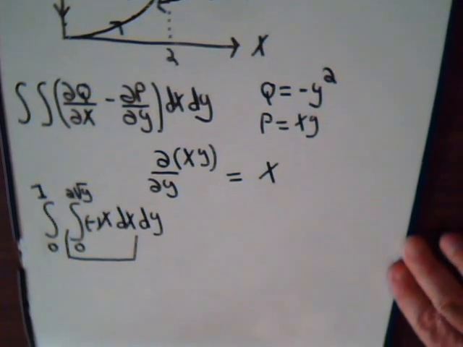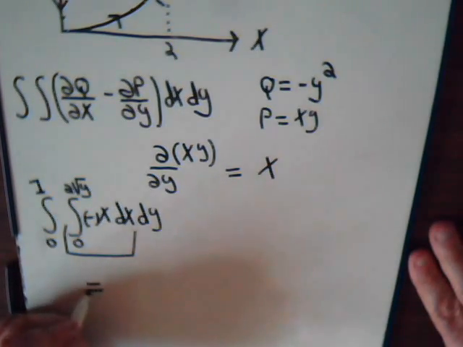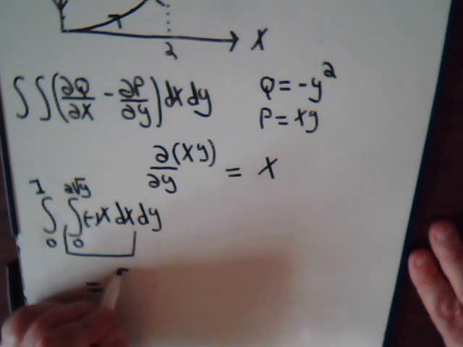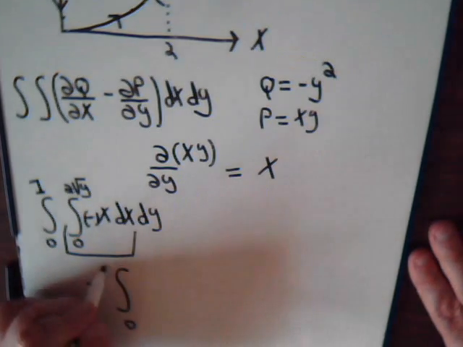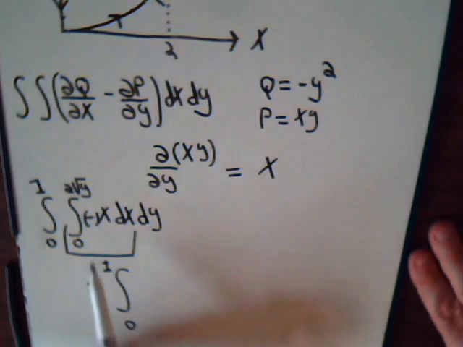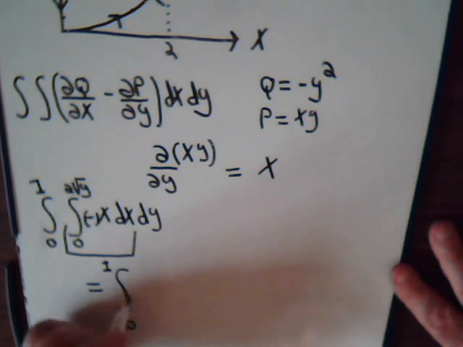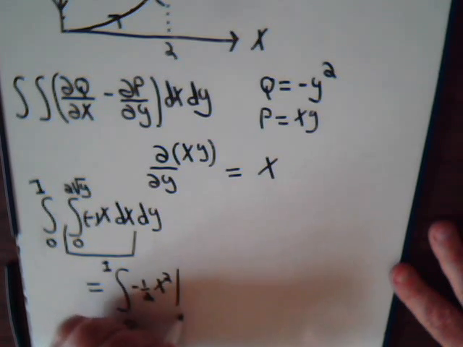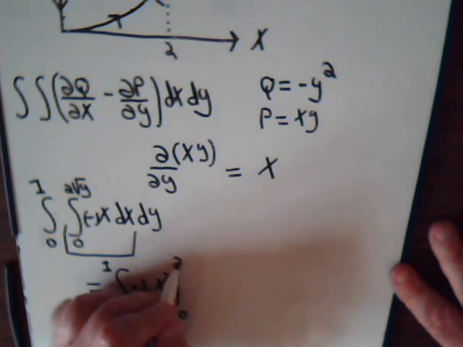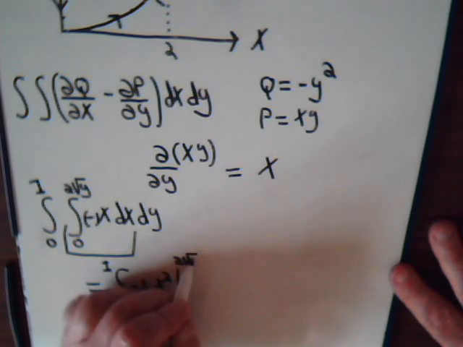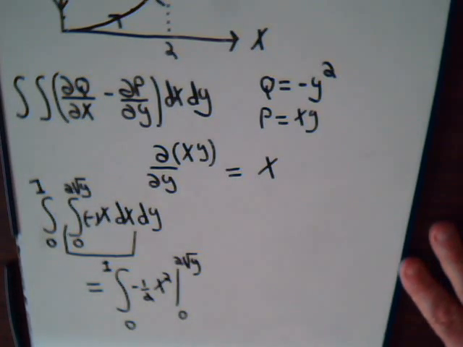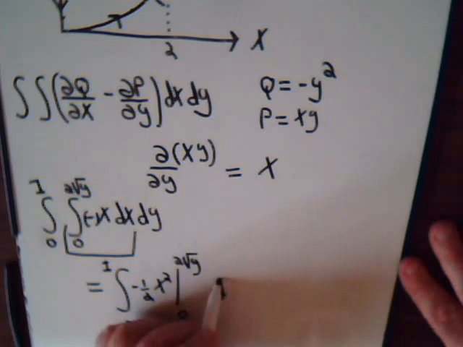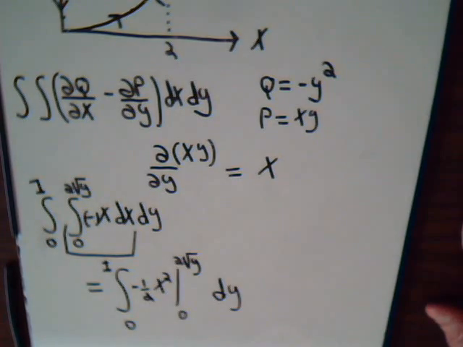So we still have this integral left, 0 to 1, with minus 1/2 x squared, x going from 0 to 2 times the square root of y, and then dy.